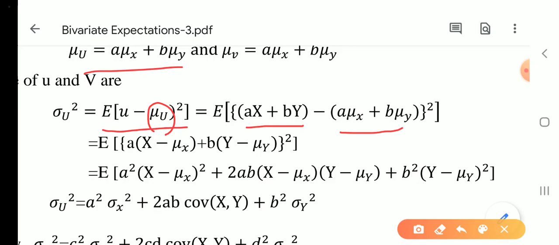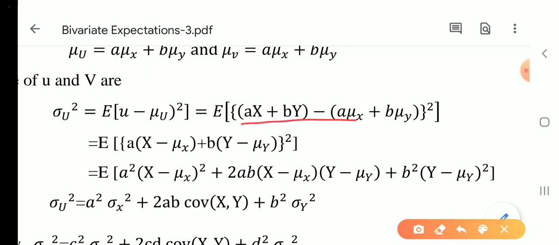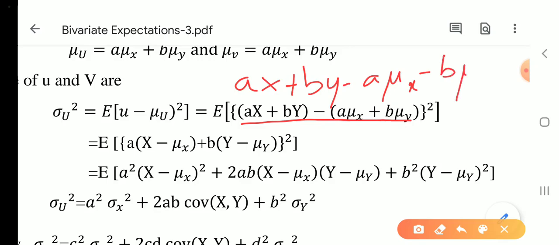So before we take the whole square of this, let us solve what is inside the bracket. Here when we open the bracket, aX plus bY minus a mu x minus b mu y.